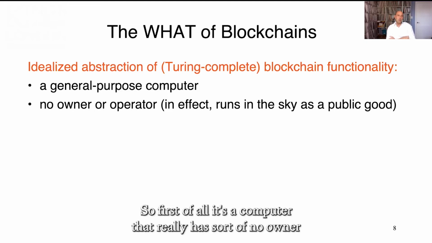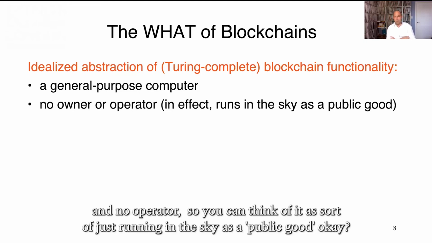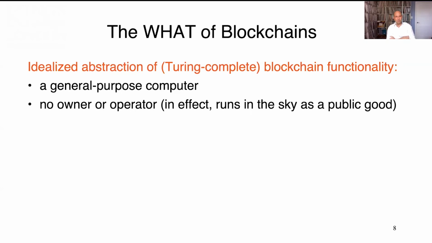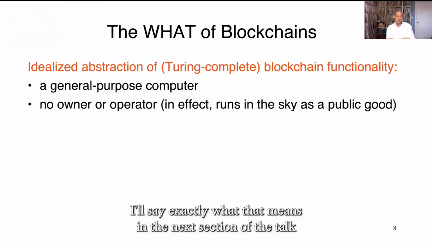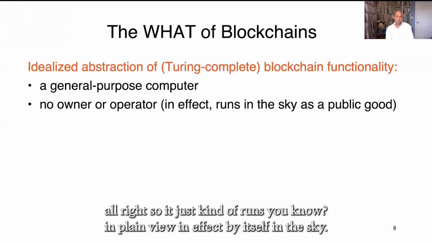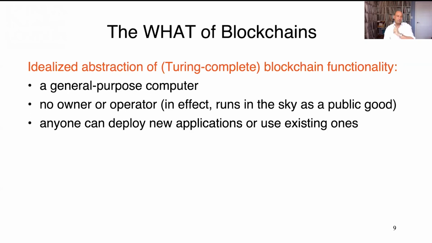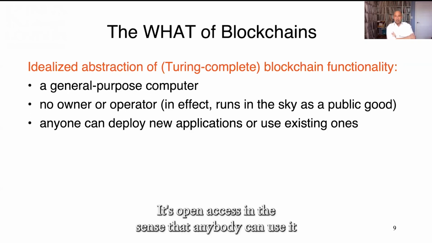First of all, it's a computer that really has no owner and no operator. You can think of it as just running in the sky as a public good. I'll say exactly what that means in the next section of the talk. It just runs, in plain view, by itself in the sky. It's open access in the sense that anybody can use it.